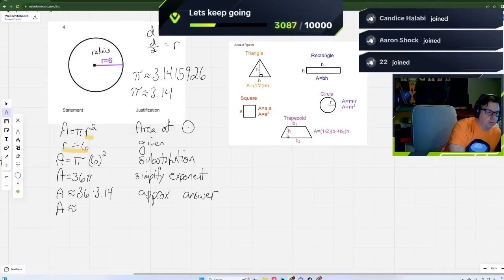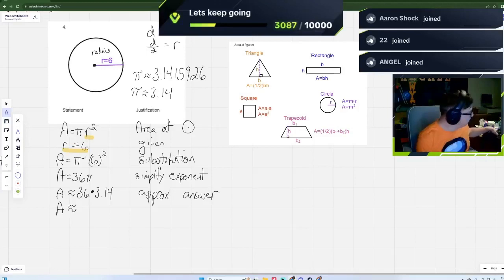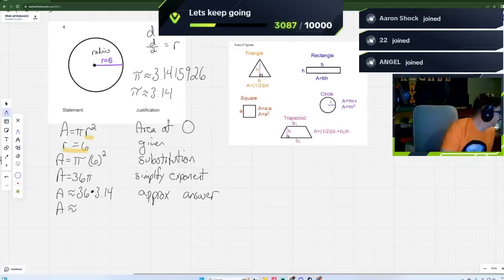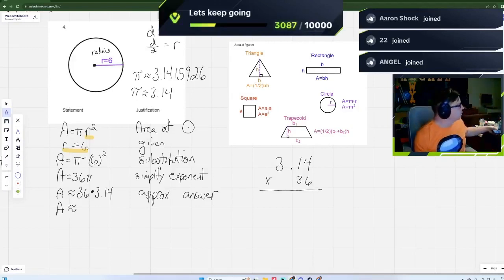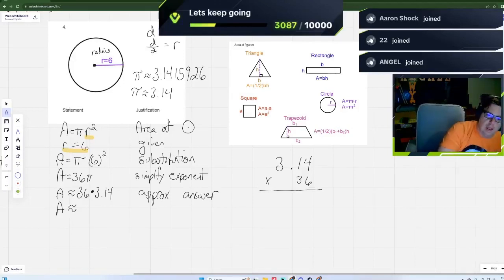So when I do 36 times 3.14, I can't do that in my head. I guess why don't we take a quick look at 3.14 times 36. Let's show how we can multiply these two numbers together. So what's going to happen is, first off, ignore the decimal.